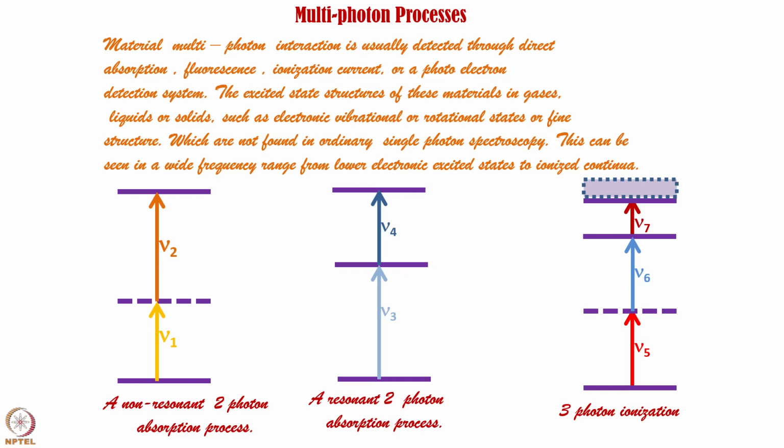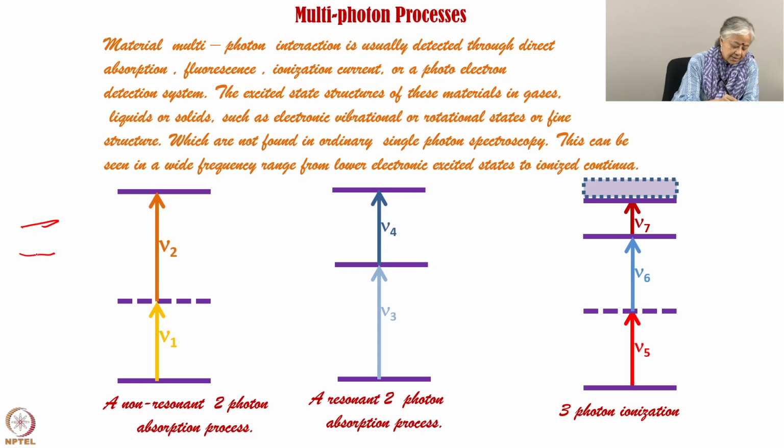So, he has some material, and in the material he may study the absorption, fluorescence, or he can detect photoelectrons. It could be generally that he is studying, say, 2 levels.